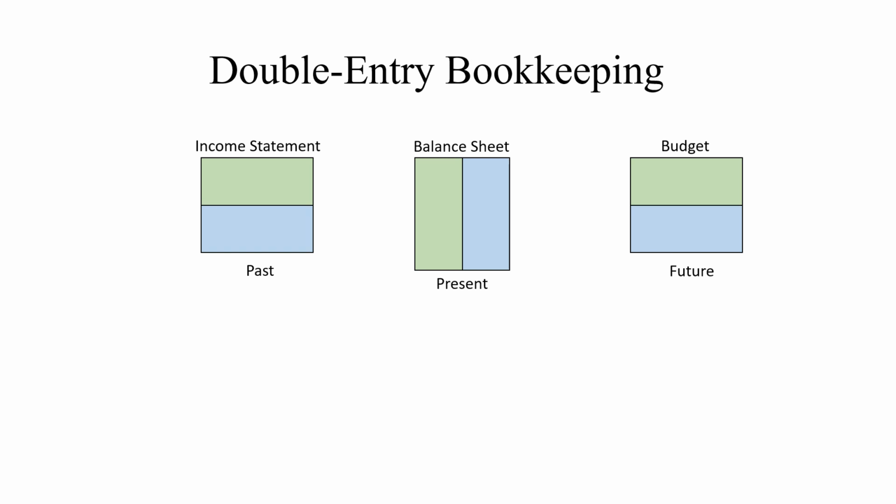As you can see, it looks like the income statement. But rather than comparing income that has been received and expenses that have been incurred, it compares income that you expect to receive at some future point in time and expenses that you expect to incur.